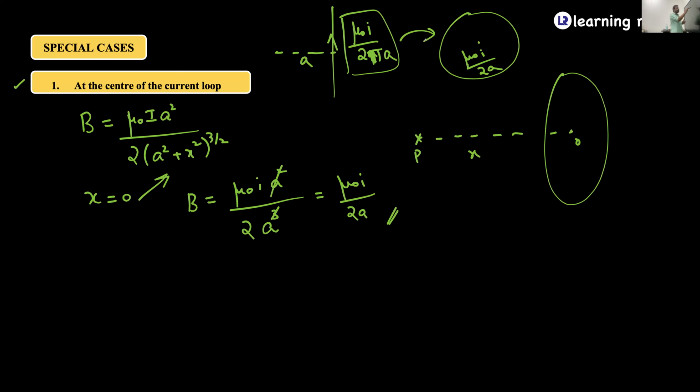Am I clear with this? Are you able to understand the difference? So this is also a very, very important formula. We'll be using it many times. So it is going to be mu naught I divided by 2a.